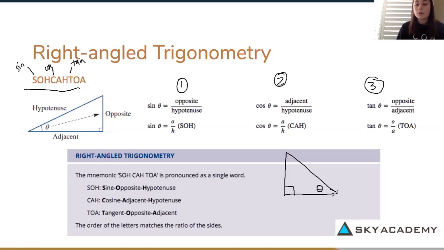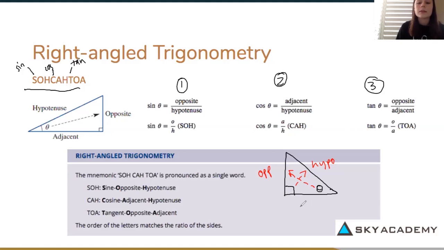We're going to use a right angle, and we're going to use a marked angle or theta. So the side that is opposite our right angle is going to be our hypotenuse, and the side which is opposite our marked angle is going to be simply the opposite side. And the side that is left without a label is going to be our adjacent.